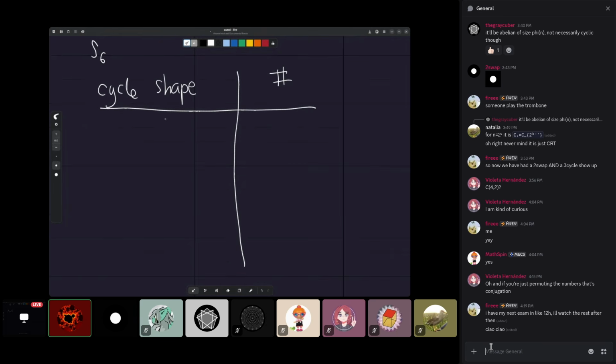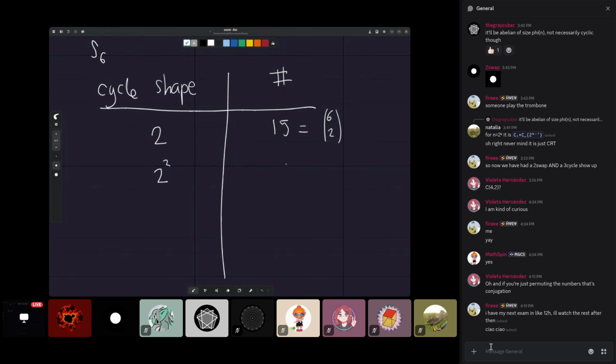Right, so S6, what have we got? 2 cycles. How many? 15. That being 6 choose 2, same as all the other ones. Disjoint pairs of 2 cycles. How many of those are there?